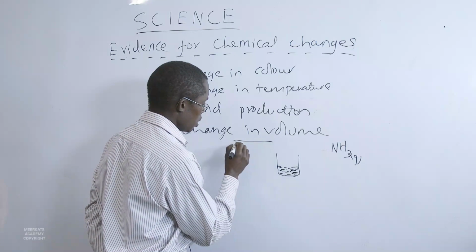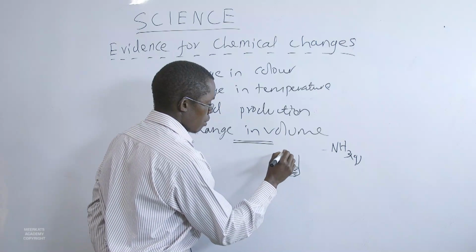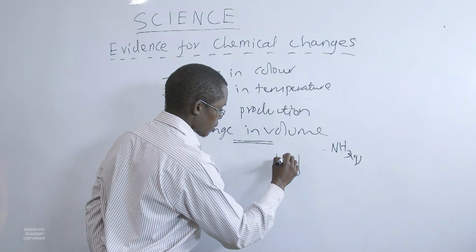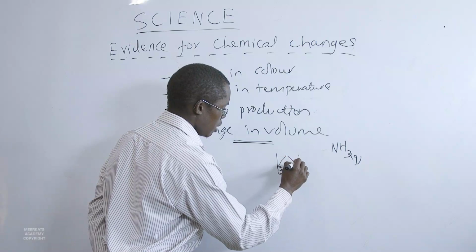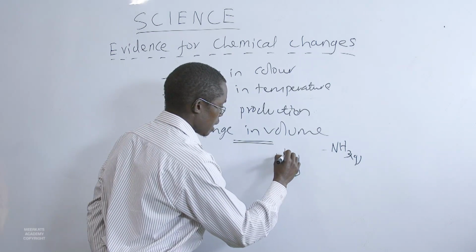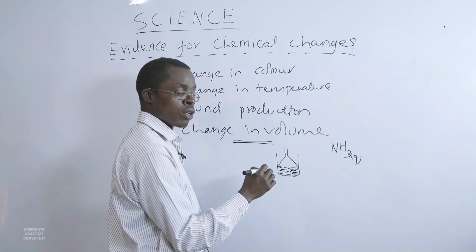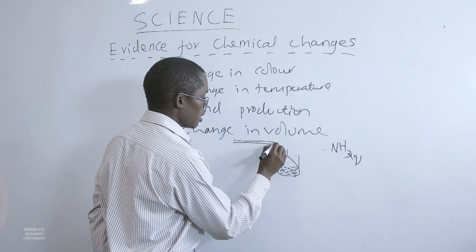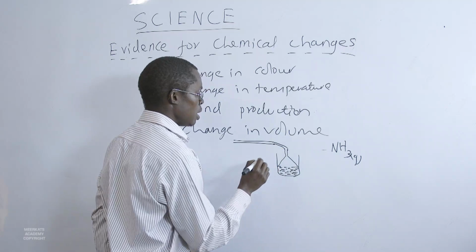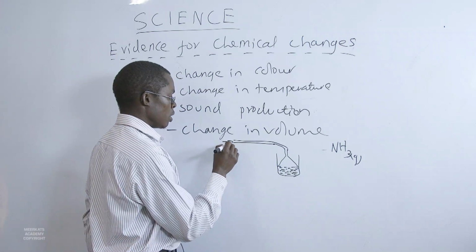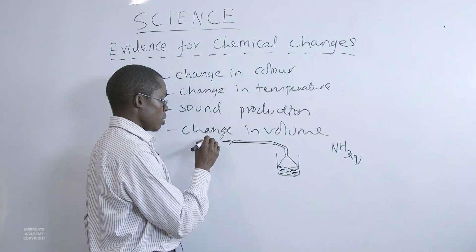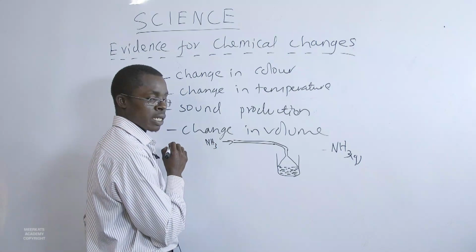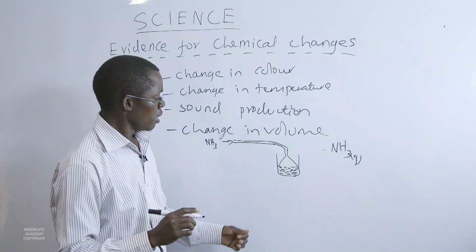We normally use a filter funnel. The filter funnel is used to increase the surface area of contact between the gas and the water into which the gas is dissolving. So inside we are having ammonia entering the water.